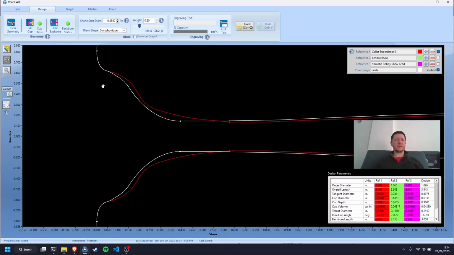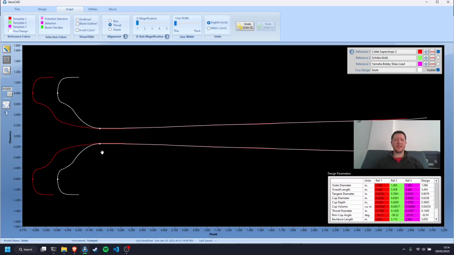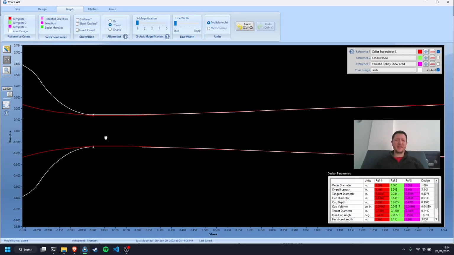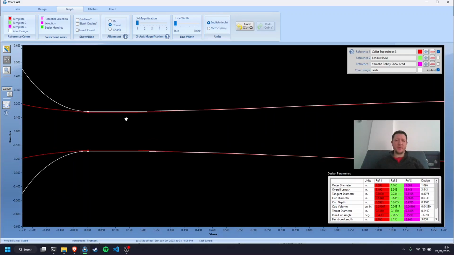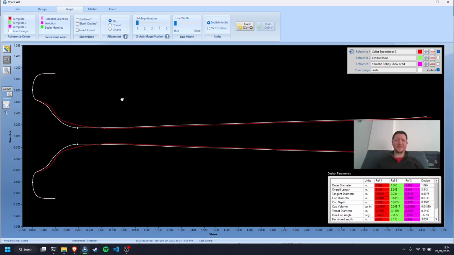I think we can line them up with the throat. You can see that my design is the white one, and my cylindrical throat length is still a little bit longer than the Callet. So yeah, that's a crazy, crazy design.